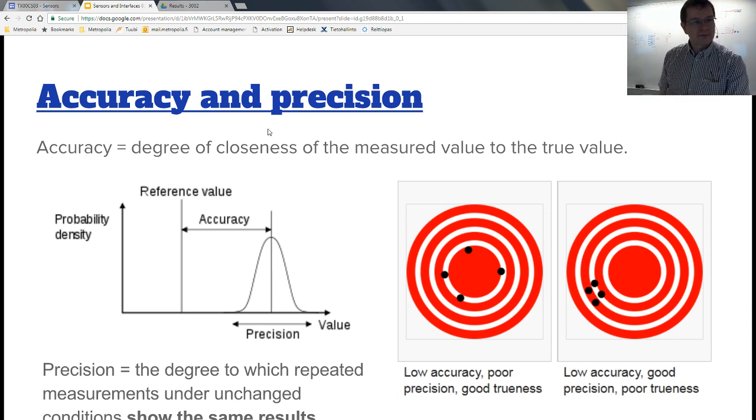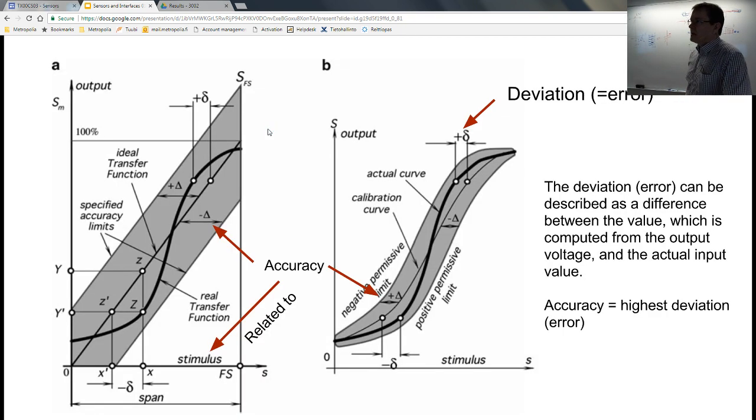Okay. Yep. Precision. So giving the same result all over again. Accuracy. You may have a very accurate sensor, but the values are varying, meaning that you need to do some averaging of the results or something like that.